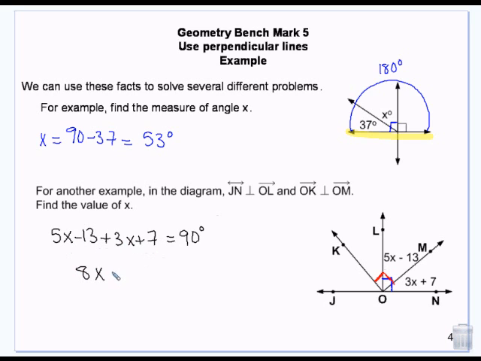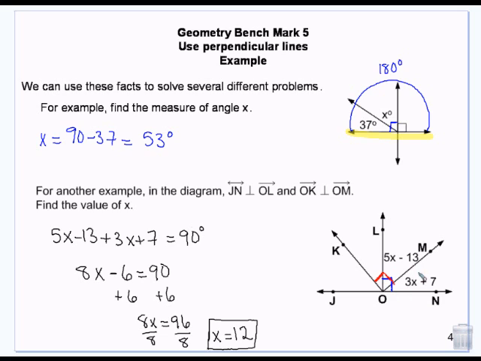Negative 13 plus 7 is negative 6. I add 6 to both sides, so I get 8x equals 96. Divide both sides by 8, so x is 12. Now we could take this further if the question asked us to and find the measures of these angles by plugging 12 in for x, right?